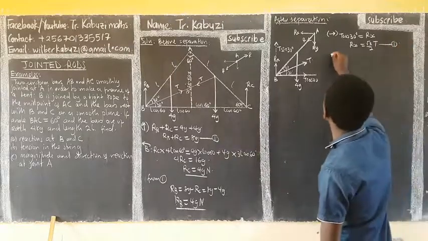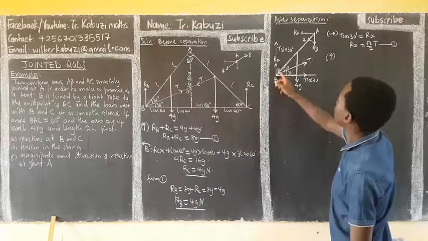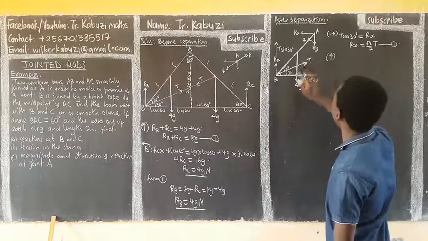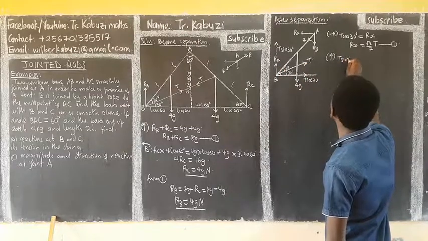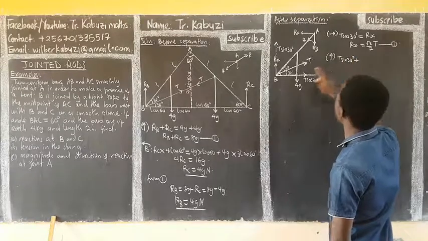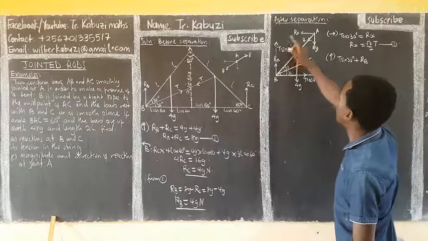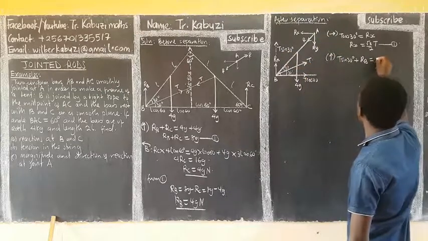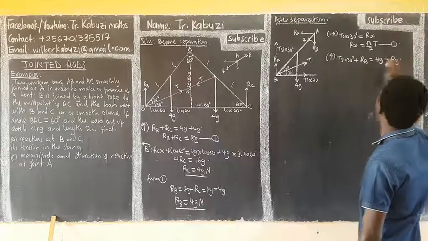Then if I resolve vertically, we have this. I think it's the only force going upwards, and this we have T sine 30 degrees, plus RB. There are the two forces going upwards. Now this is going downwards, and this one. So you have 4B, then plus RY.